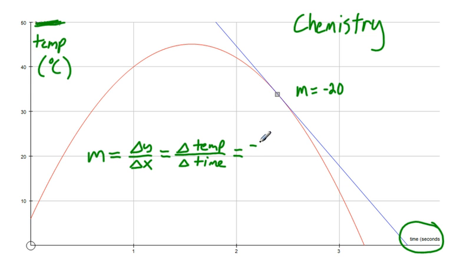So instead of calling this negative 20, I'm going to call it negative 20 over 1. Here's how we would interpret this. Negative 20, I want you to think of the temperature going down 20 degrees Celsius. And then think of this as 1 second. So at that particular moment in time, the temperature is dropping 20 degrees per second.